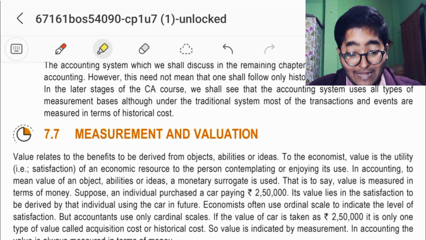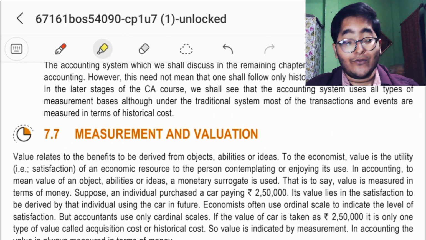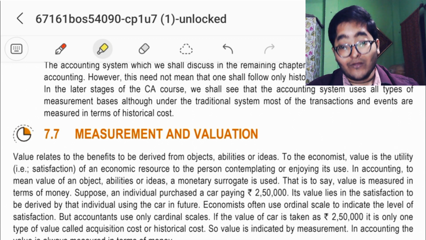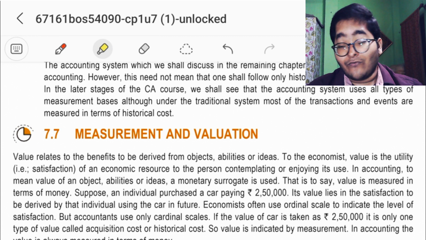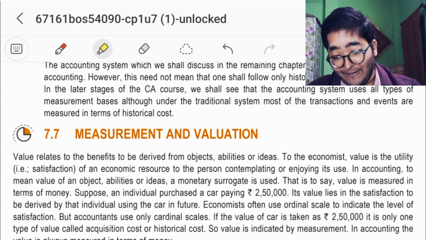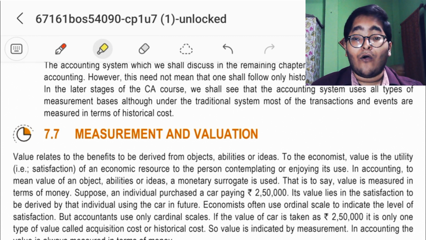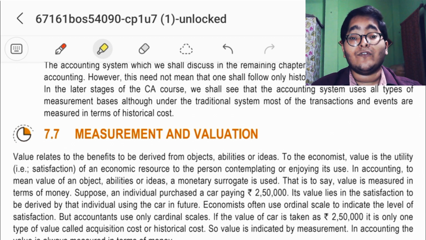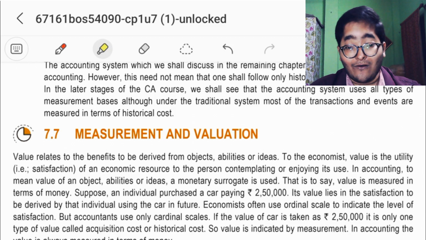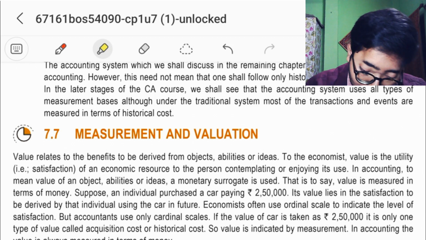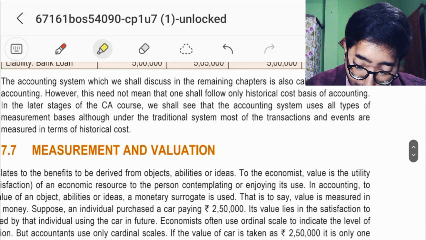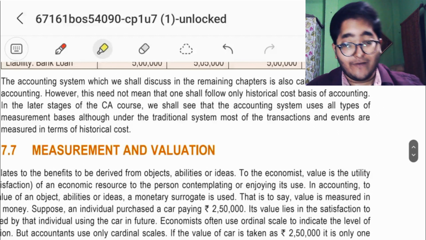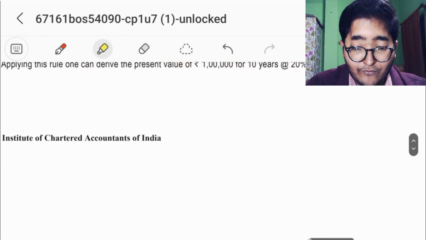Present value is the discounted amount of net cash inflow or outflow for an asset or liability for the total useful life of that asset or liability. So let me write, for your convenience, what is present value.